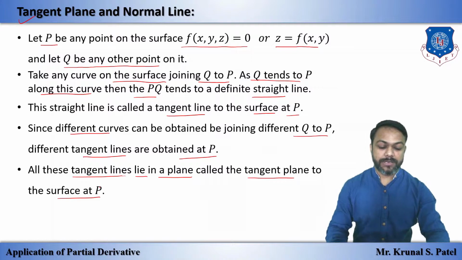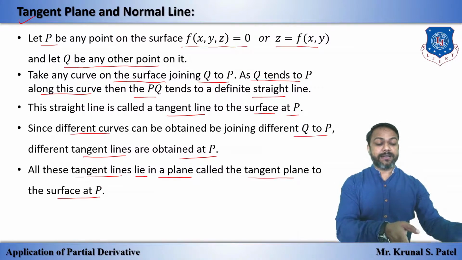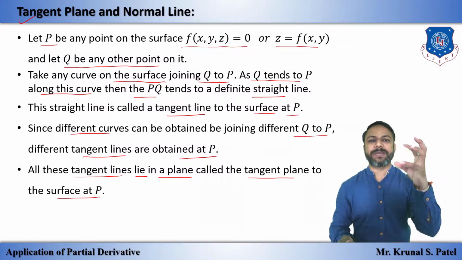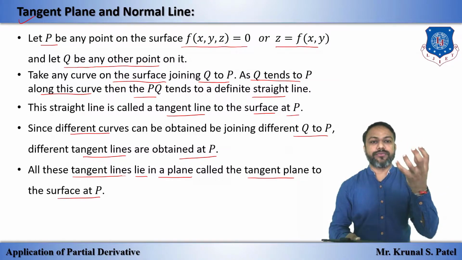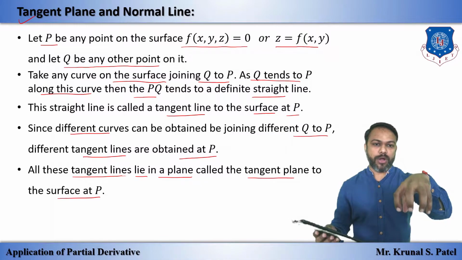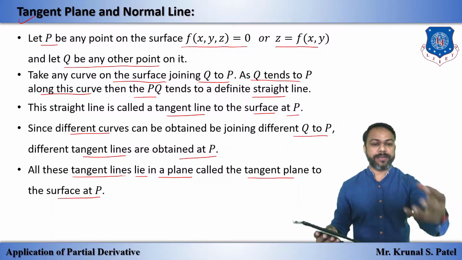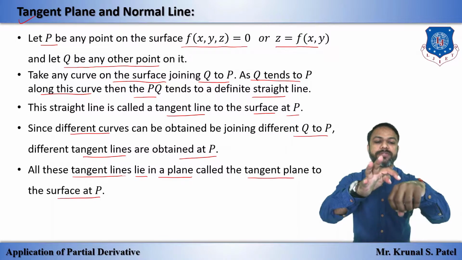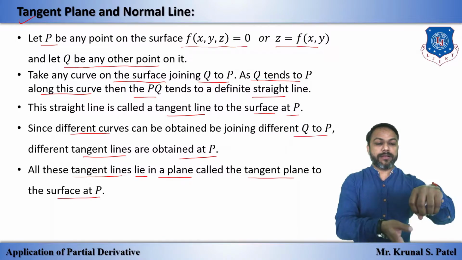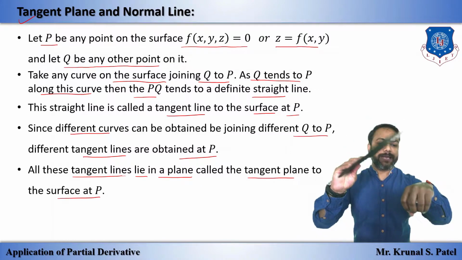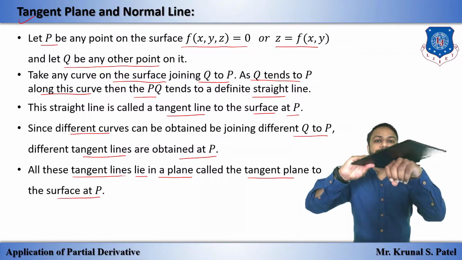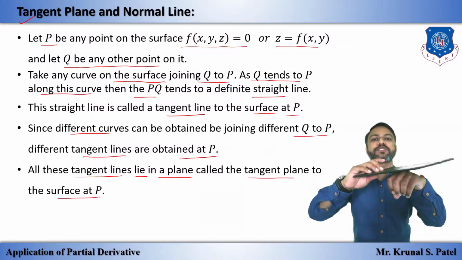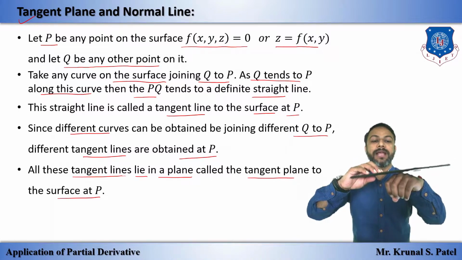For example, this is a sphere, that means a ball. If I have a ball lying on the ground, and this is one point of the ball, and a plane passes through this one single point, this plane is called the tangent plane.